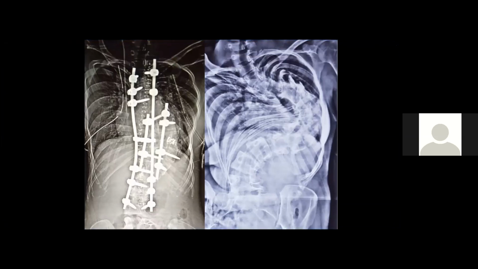See, what you have now done is you have done a VCR and stabilized that segment. And you have actually used the compensatory capacity of the compensatory curves, the upper and lower curves. You have used the ability to compensate onto the longer rod.